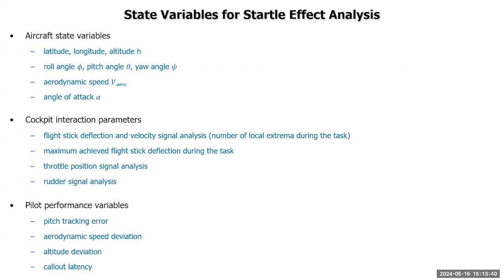Other considered state variables are aircraft state variables like the roll, pitch, and yaw angle or aerodynamic speed, cockpit interaction parameters, for example, the flight stick deflection velocity analysis, and pilot performance variables, which include pitch tracking error, altitude deviation, or aerodynamic speed deviation.